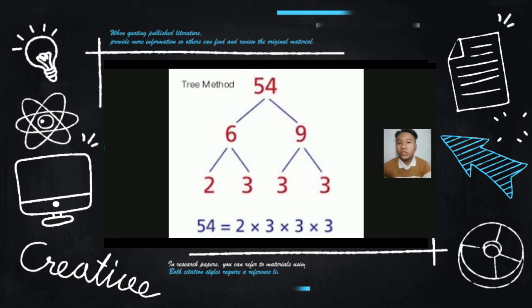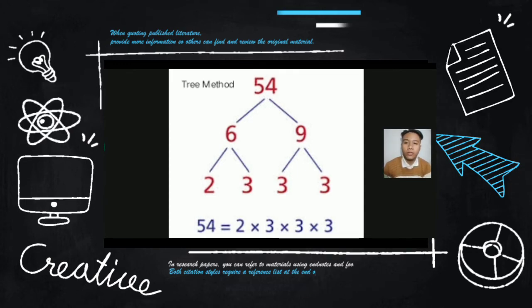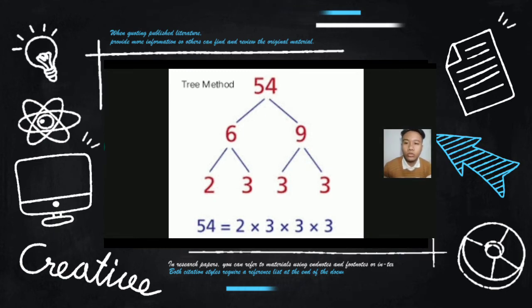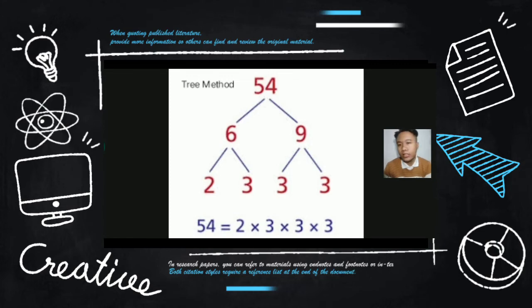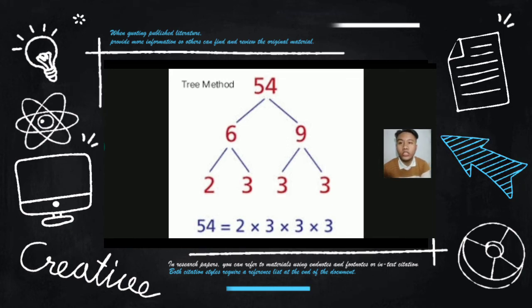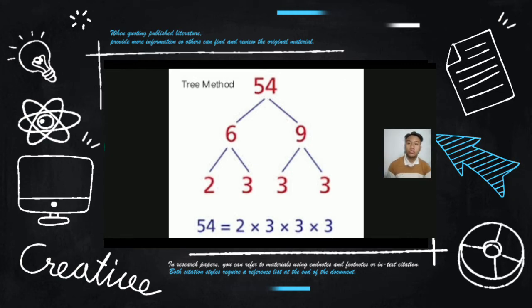So, kapag tama yung sagot doon, ibig sabihin tama yung pagkuha natin ng prime factors ng number 54. So, 54 is equals to 2 times 3 times 3 times 3. Pag minultiply natin siya, 54 nga ang kakalabasan niya, which is tama yung pagkuha natin ng prime factors ng 54.